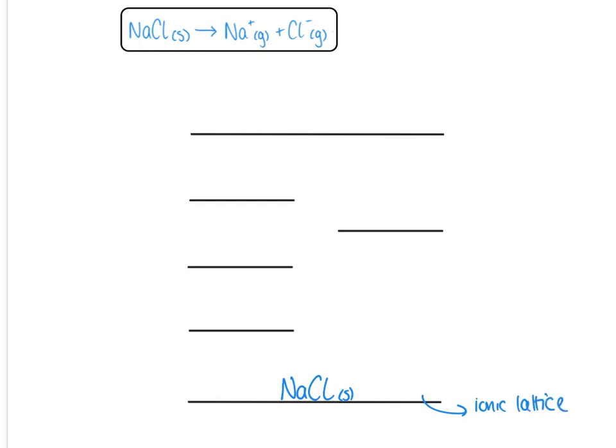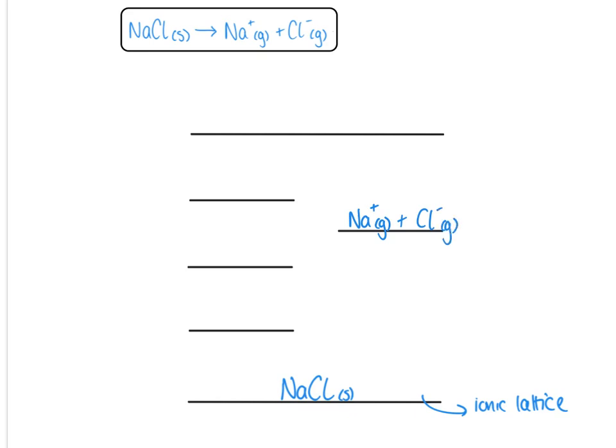And it's up to you how you do this, but sometimes it's helpful to write the final ions on our last step to remind us of what we're working towards. So where we'll end up is this level here, and what we're ending up with, as we can see from our equation above, is the sodium ion and the chloride ion.